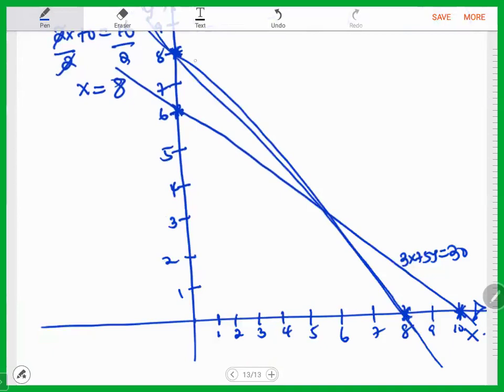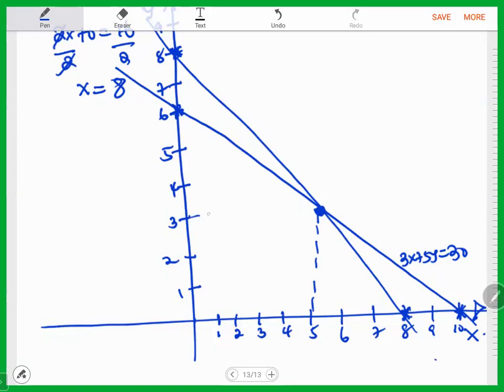So that is where we are. Where these two are meeting, I've estimated.